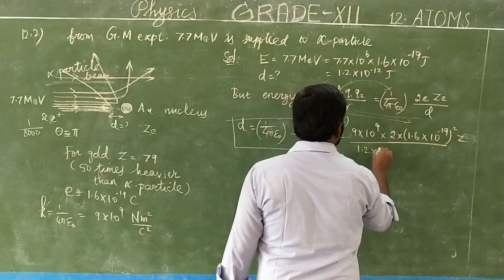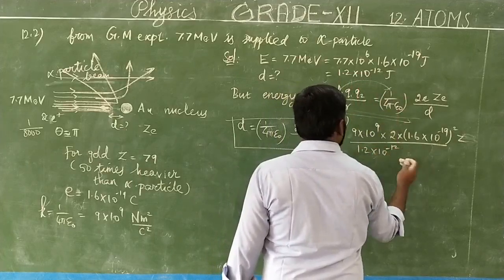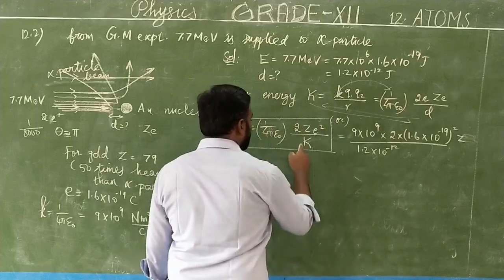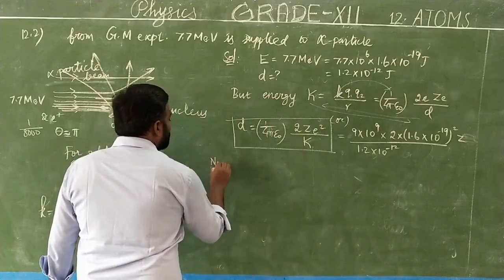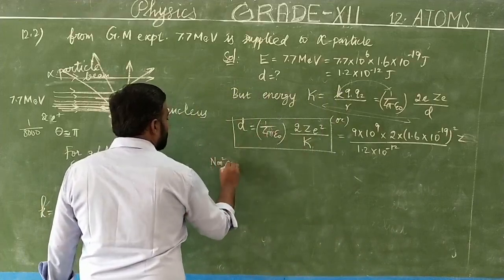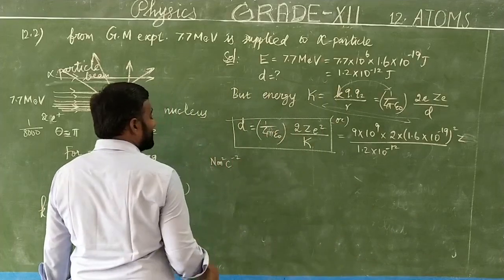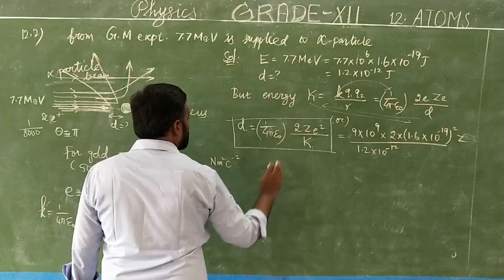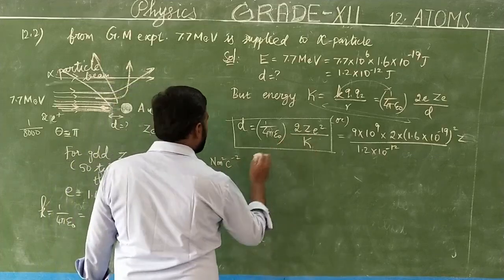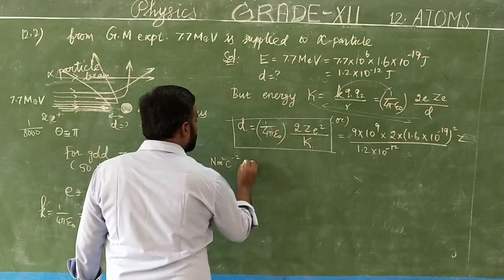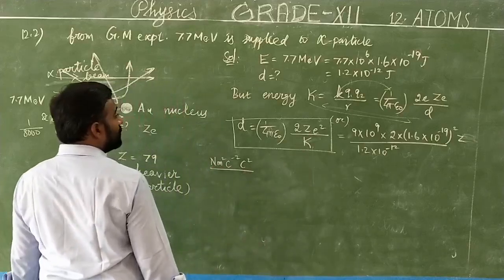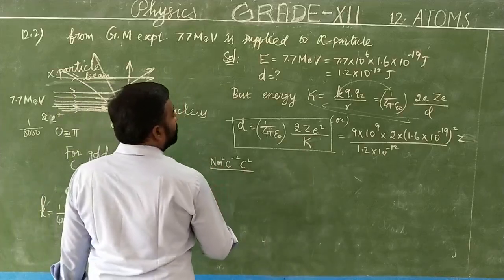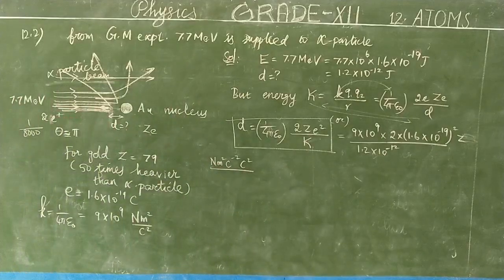So unit we will write separately. What is the unit? Newton meter square, coulomb inverse square. And the energy value we also obtained already. What is the value?